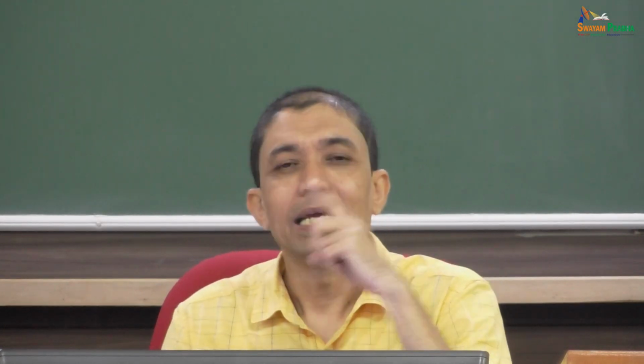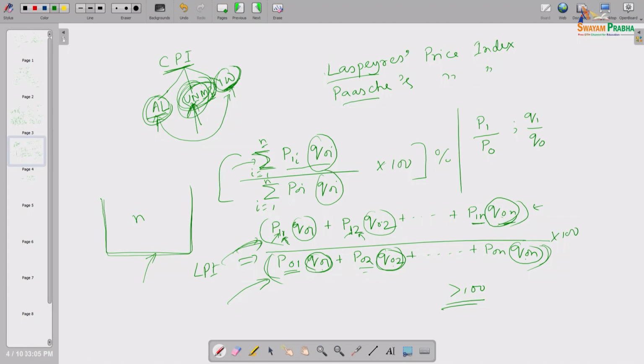So, Laspeyres's price index numerator was a hypothetical expenditure, which is not observed in real life, because when price is changing, quantity also is changing. In Laspeyres's index, the quantity used is the base period quantity: in the denominator, base period quantity and base period price, and in the numerator, current period price but base period quantity.